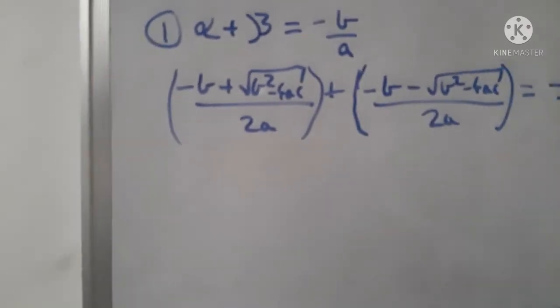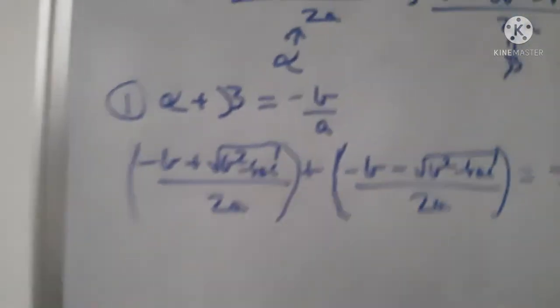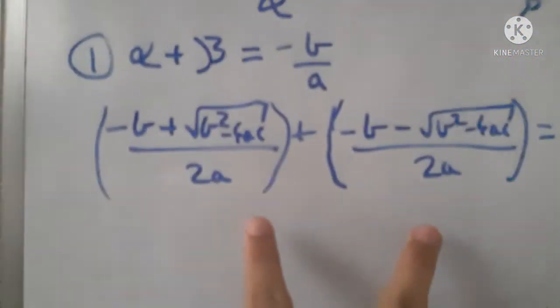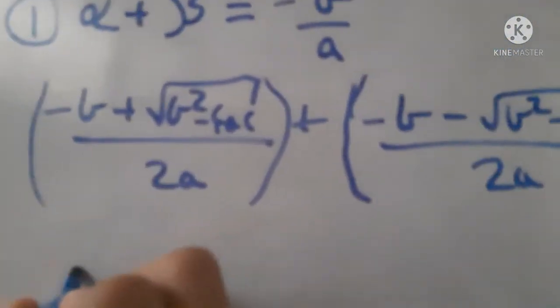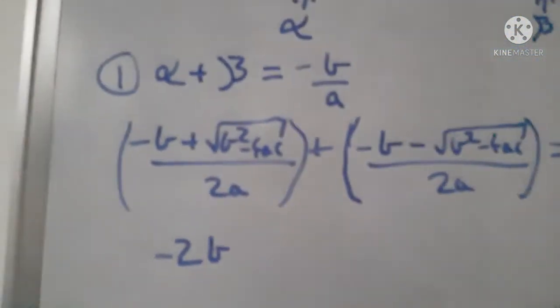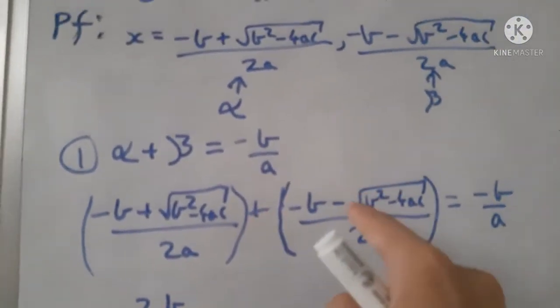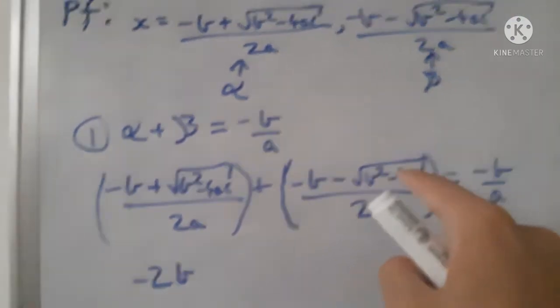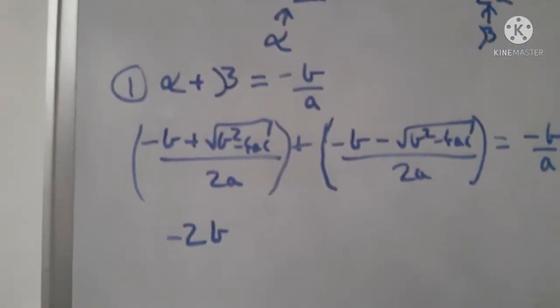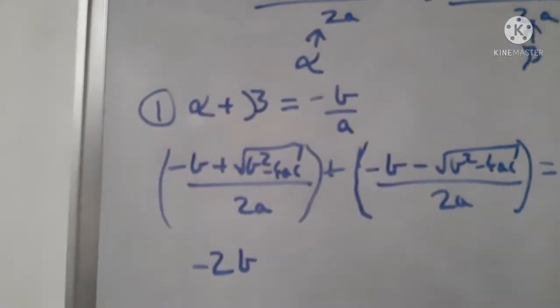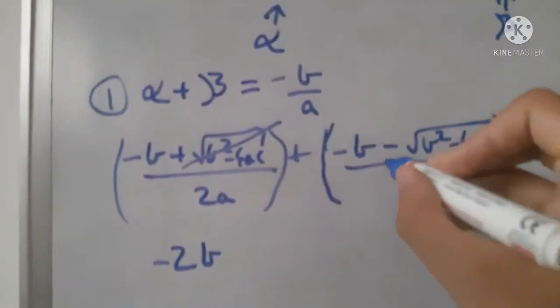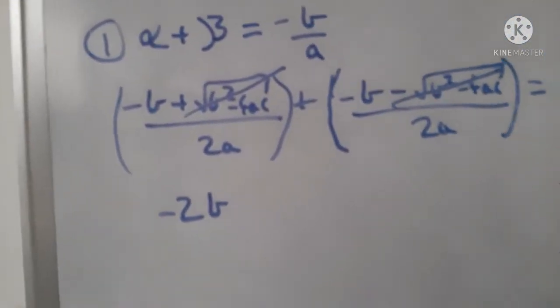Okay, let's simplify. So this becomes minus b and minus b. We can take a common denominator, they're both the same. So minus 2b, easy enough to see. Then we have a minus the square root of b squared minus 4ac, and a plus the square root of b squared minus 4ac. Convenient, they cancel out.